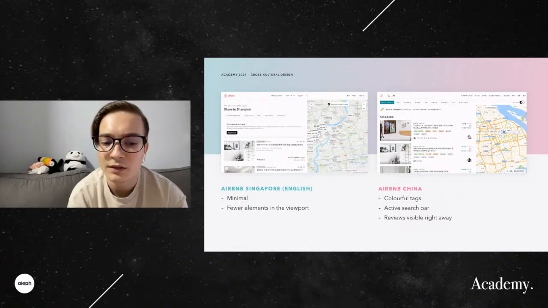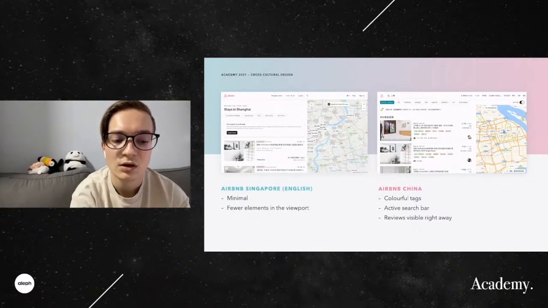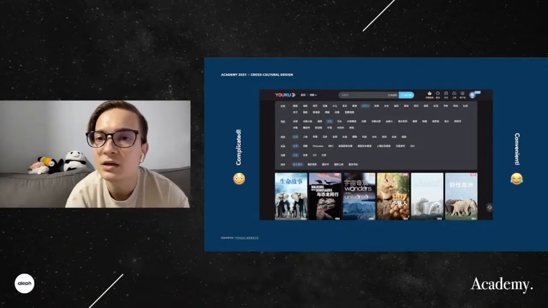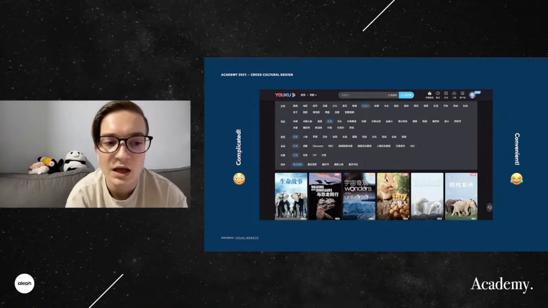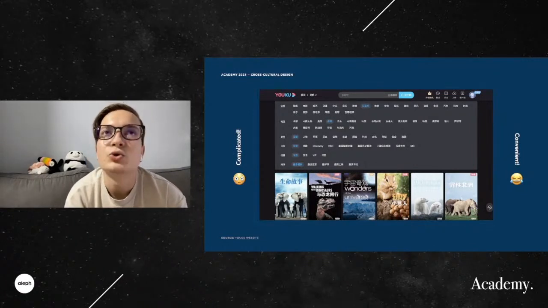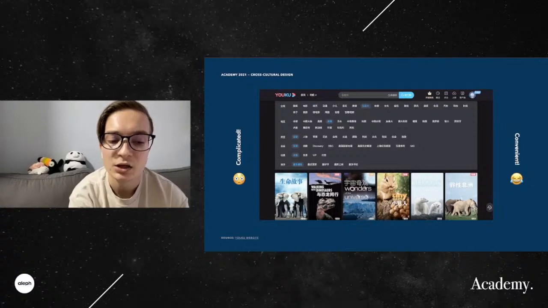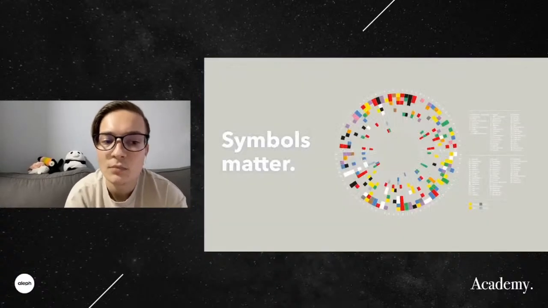So the localization is not only about creating something that would be deemed as complicated or convenient by others. It is also keeping in mind a lot of cultural traits, like symbols.